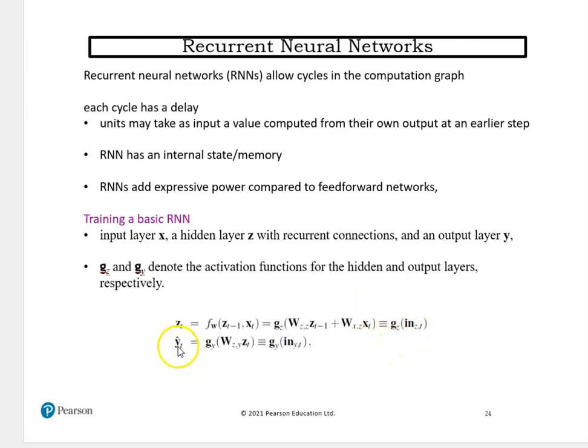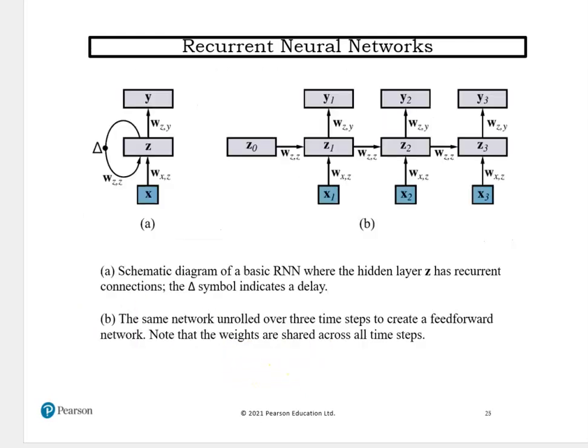Okay, and then the output y hat at time t will be some activation function of the weights times the hidden units zt. So these equations describe essentially the recurrent neural network training process here. Now, our loss functions, we will define different loss functions that will depend on the specific problem we're interested in.